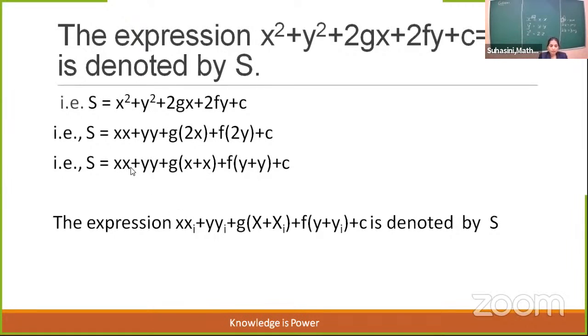Now I am substituting one variable as x_i. In place of x I am taking x_i. In place of y I am taking y_i. So the expression x x_i plus y y_i plus g into (x plus x_i) plus f into (y plus y_i) plus c is denoted by S_i.